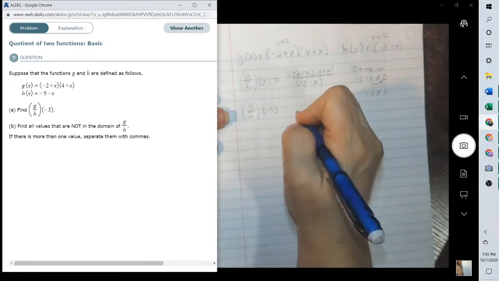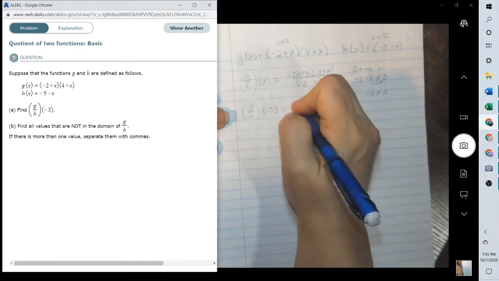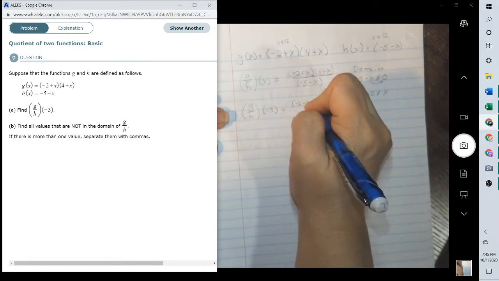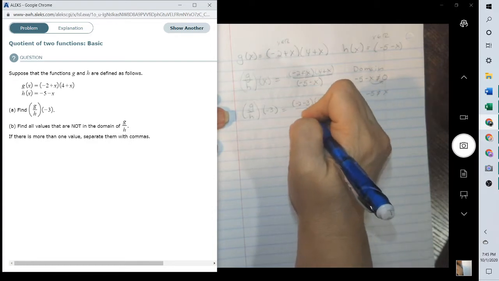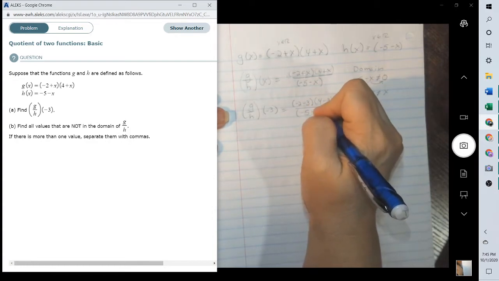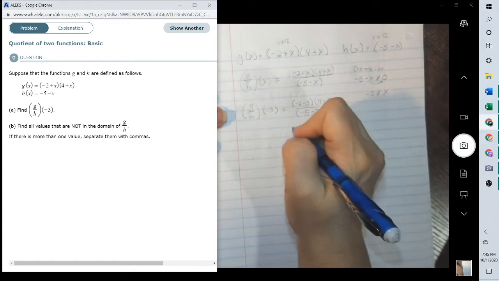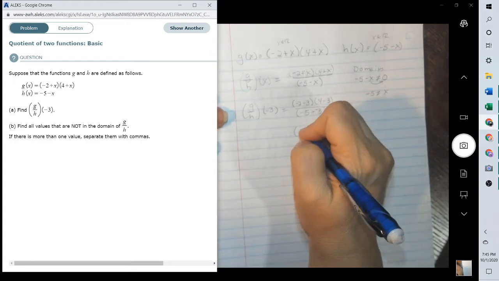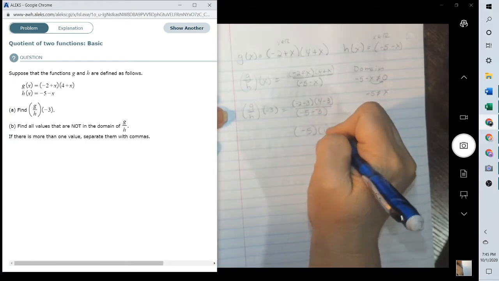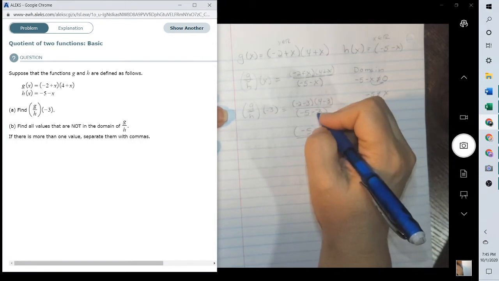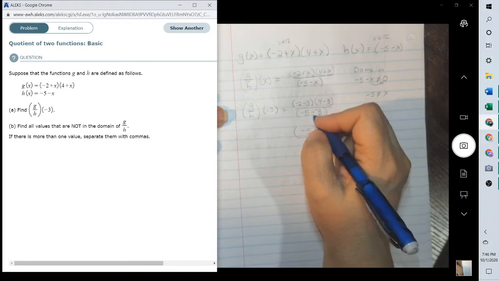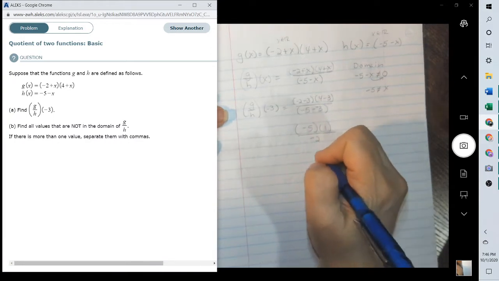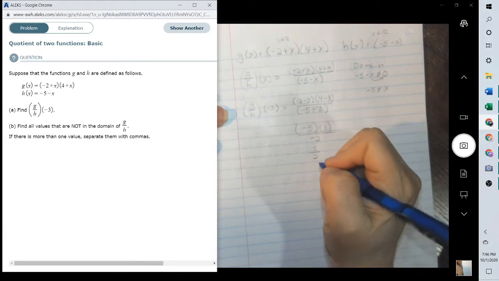So you plug in a negative 3. Negative 2 minus 3, 4 minus 3 over negative 5 minus a negative 3. Negative 5 times 1 over positive negative 2. 5 halves.